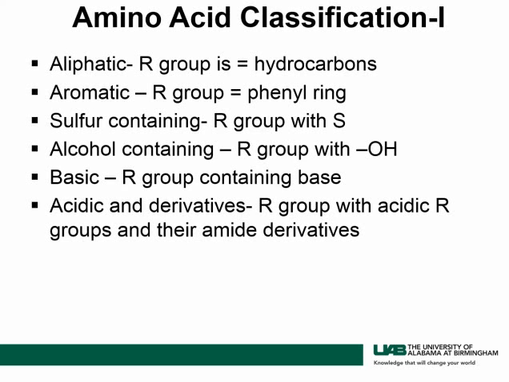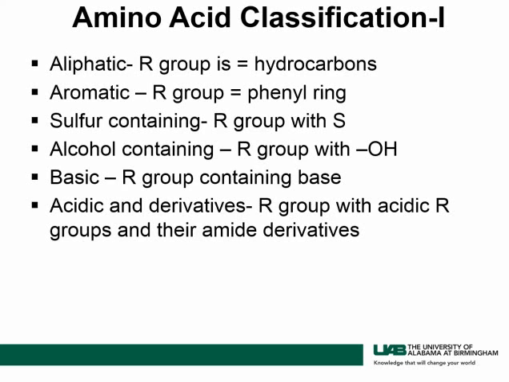The first group is called aliphatic, and that is the R group is all hydrocarbon, straight chain hydrocarbon with the exception of proline, but they're all hydrocarbon side chain, and this is called aliphatic. Aromatic are all ring side chains. Sulfur containing, R group contains sulfur.